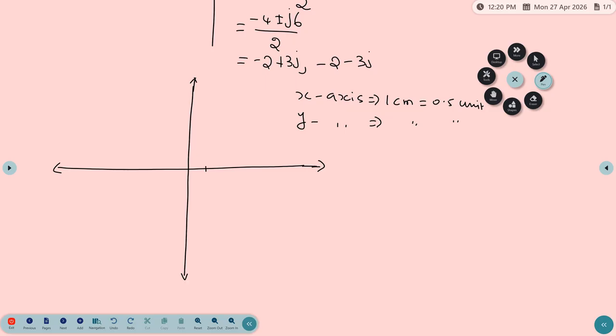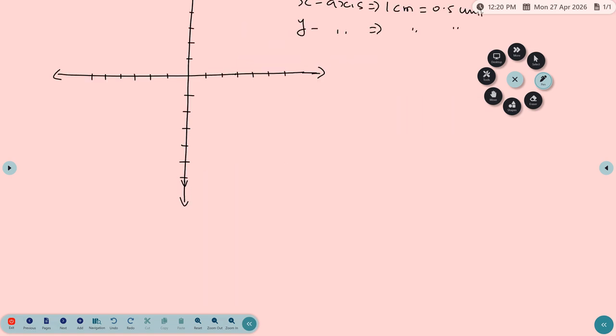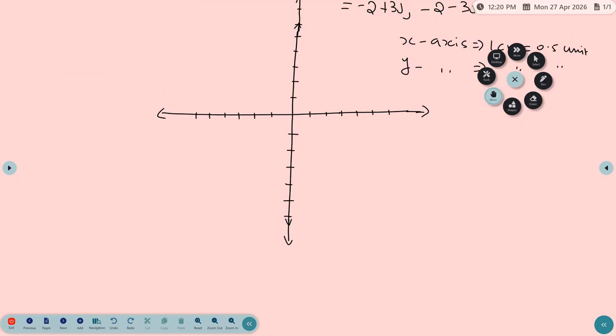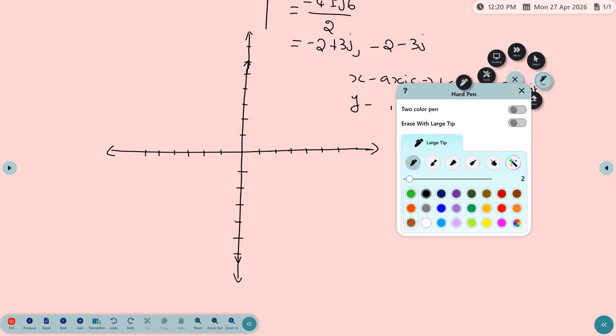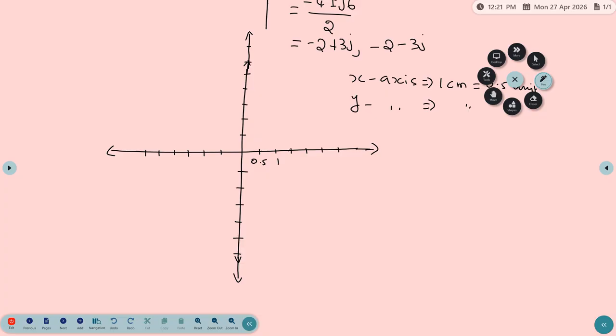Let us assume, so this is called the x-axis or real axis. Here the y-axis or imaginary axis. We will extend this graph. So we assumed on the x-axis 1 centimeter equal to 0.5, so that we can write 0.5, 1, 1.5, 2, 2.5.